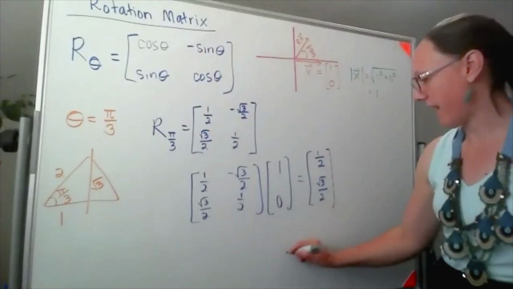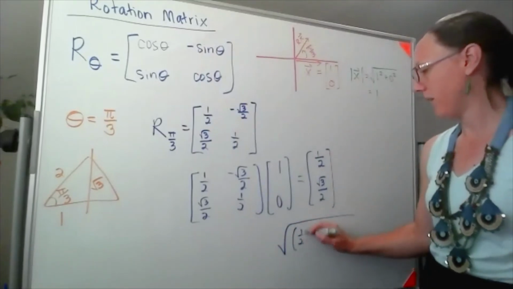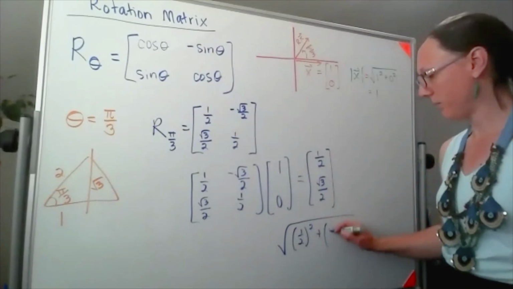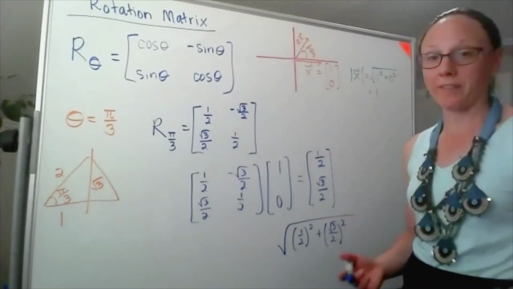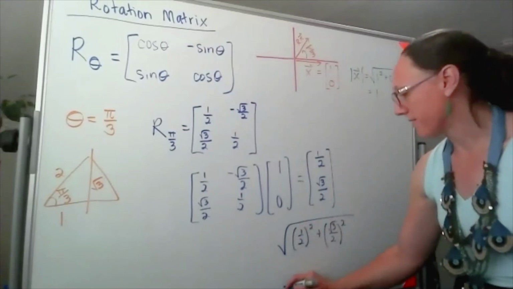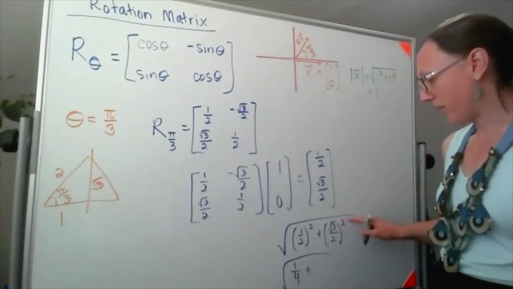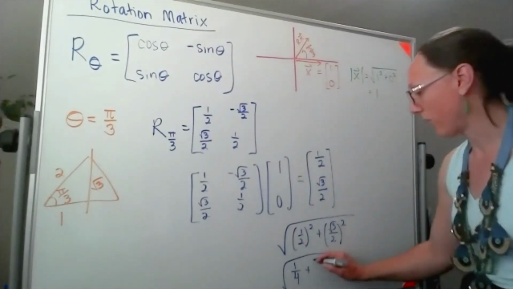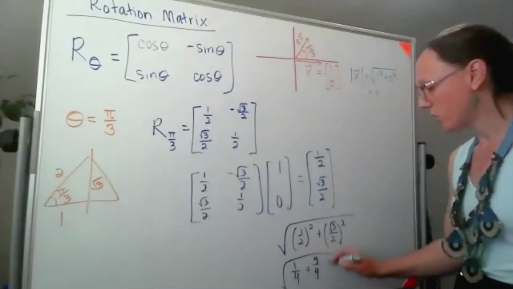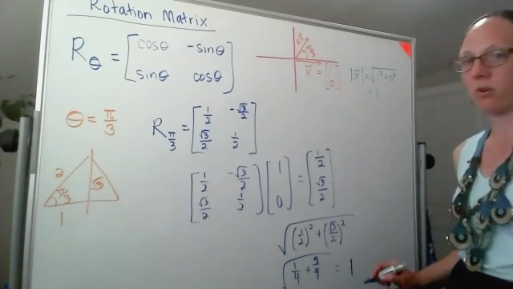If I take the square root of 1/2 squared plus square root of 3 over 2 squared, I'm hoping that we get 1. Well, 1/2 squared is 1/4. Square root of 3 squared is then a positive 3, and 2 squared is 4, so that's 3/4. So inside my square root, I have 4/4, also known as 1.